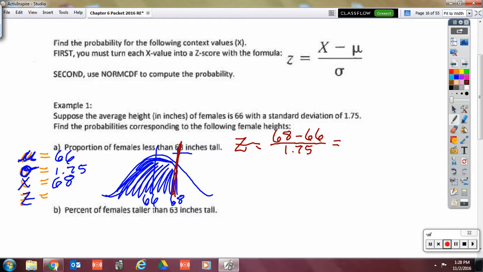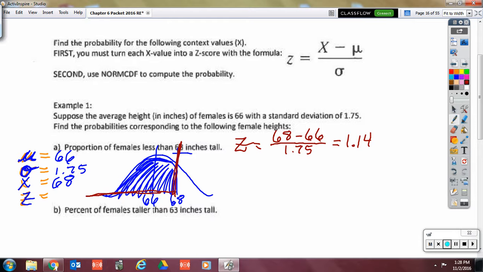Okay, so that makes us have a value of 1.14. And I always go to 2 decimal places. If you always go to 2 decimal places and you round them appropriately, then your answers will be the same as mine.